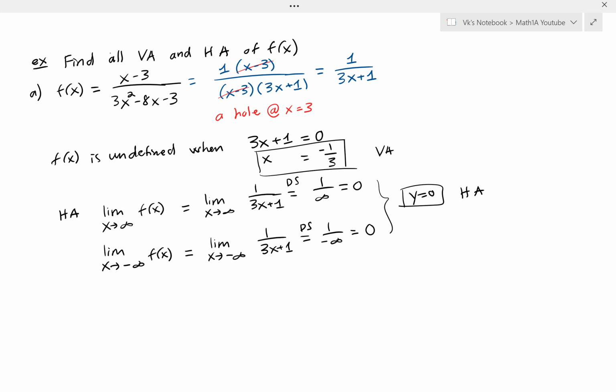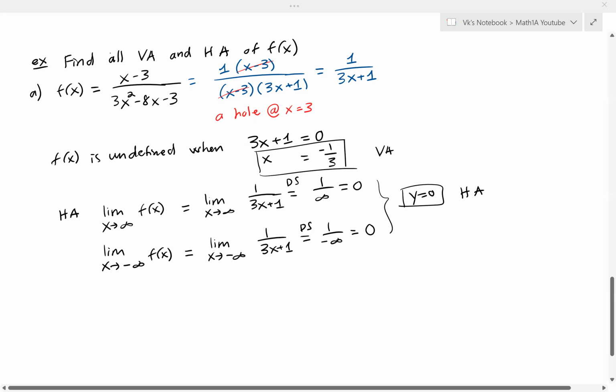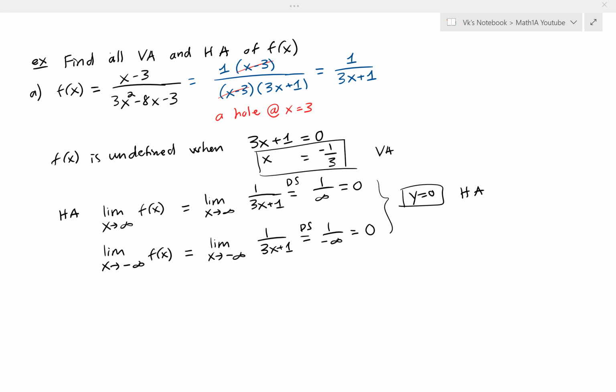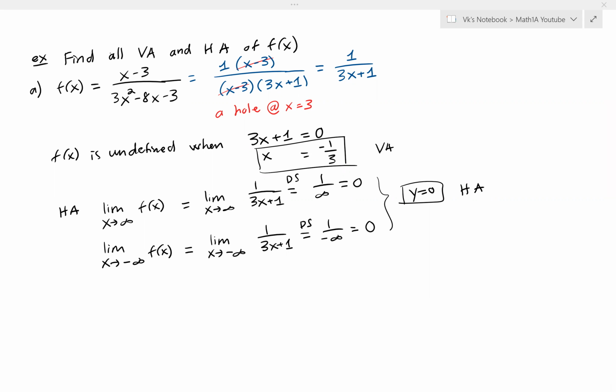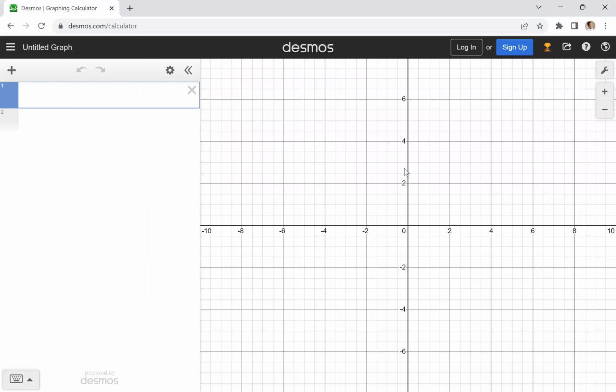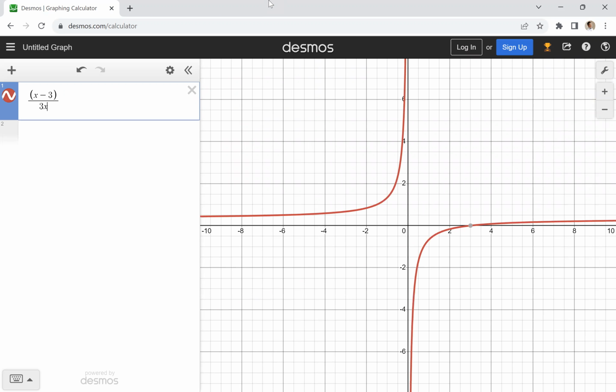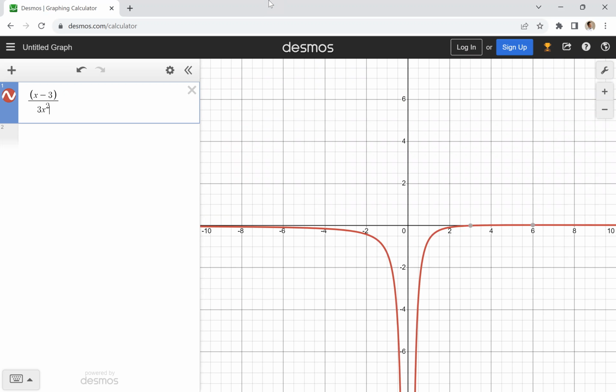Let's confirm the answer with decimals. We're going to graph it using decimals to confirm. Okay. Ta-da! I'm going to graph the original function (x minus 3) over (3x squared minus 8x minus 3).